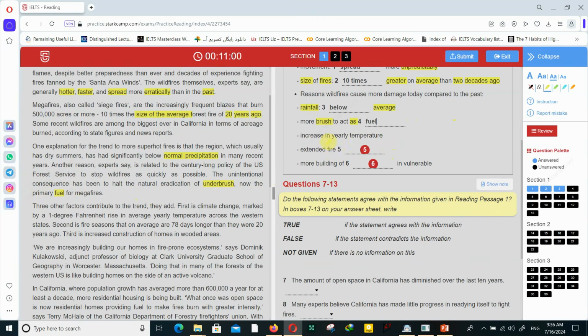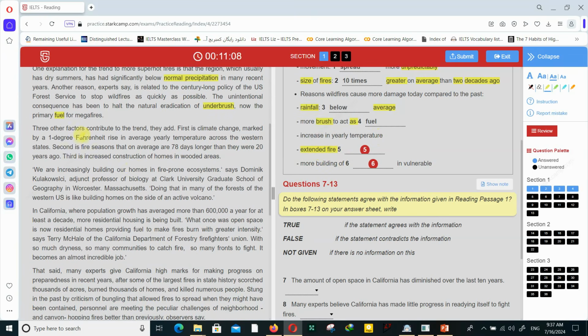Now moving on to the next question. Increase in yearly temperature, extended fire, are the keywords for the next question. 3 other factors contribute to the trend, they add. First is climate change, marked by a 1 degree Fahrenheit rise in average yearly temperature across the western states. Second is fire seasons that on average are 78 days longer than they were 20 years ago.